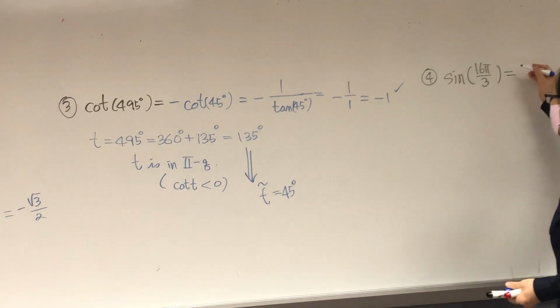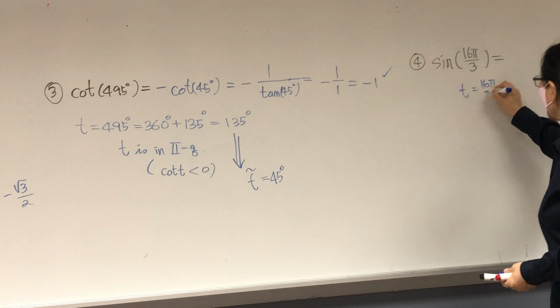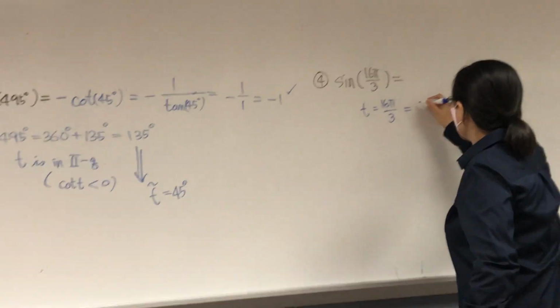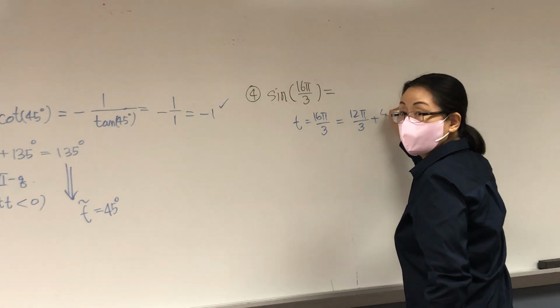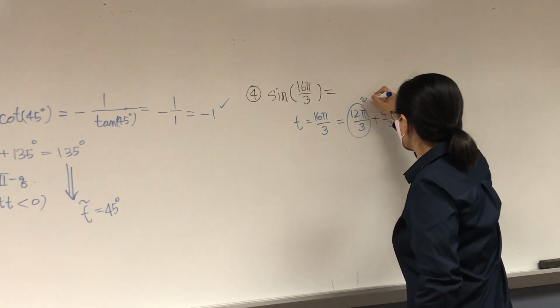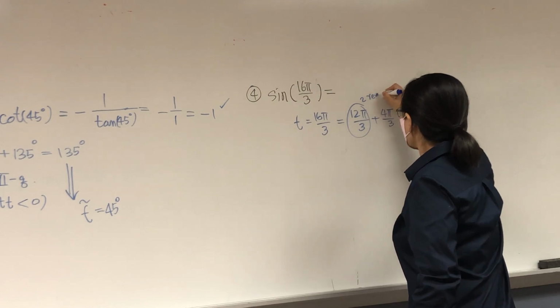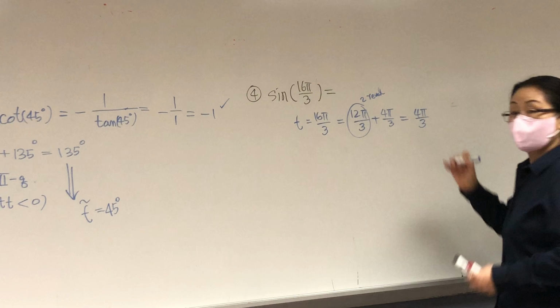So it is 2 revolutions. So t is 16 pi over 3, which should be 12 pi over 3 plus 4 pi over 3. Because it's 2 revolutions, it is the same as 4 pi over 3, yes?